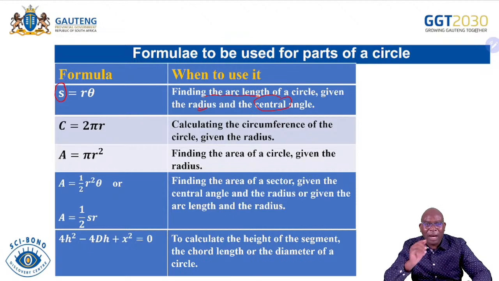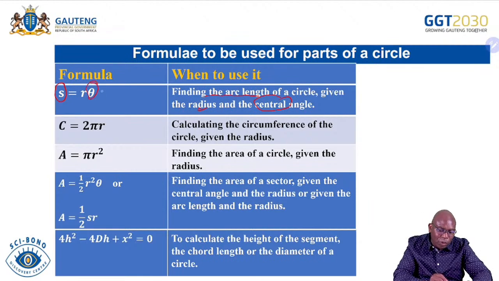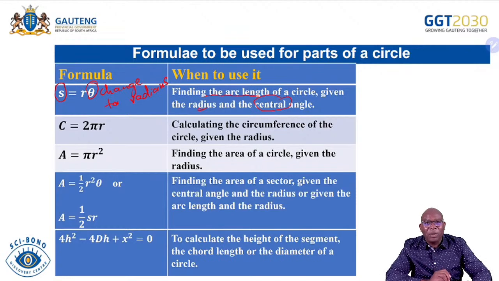The radius must be given, the central angle is given, and that angle must be changed to radians. Change to radians. Right. So that part must be changed to radians to find the arc length, sorry.